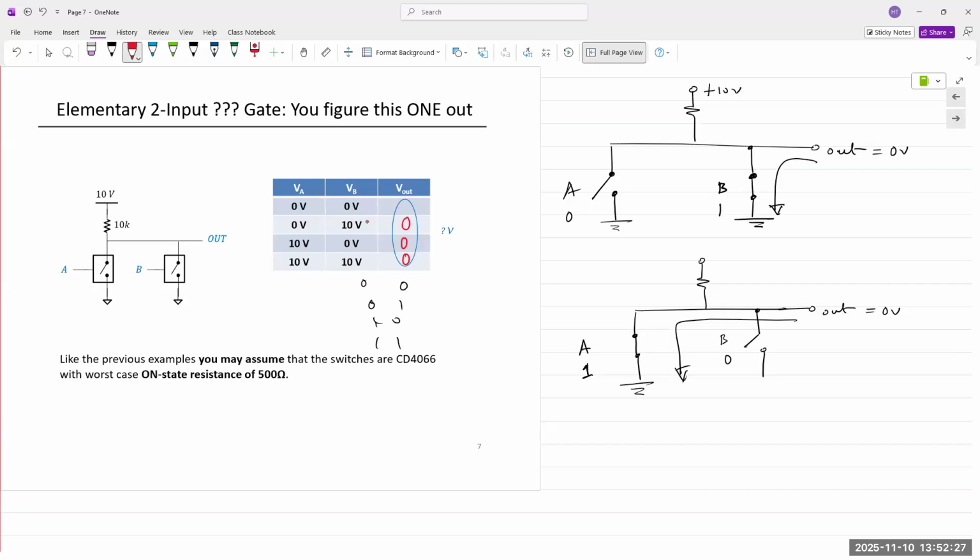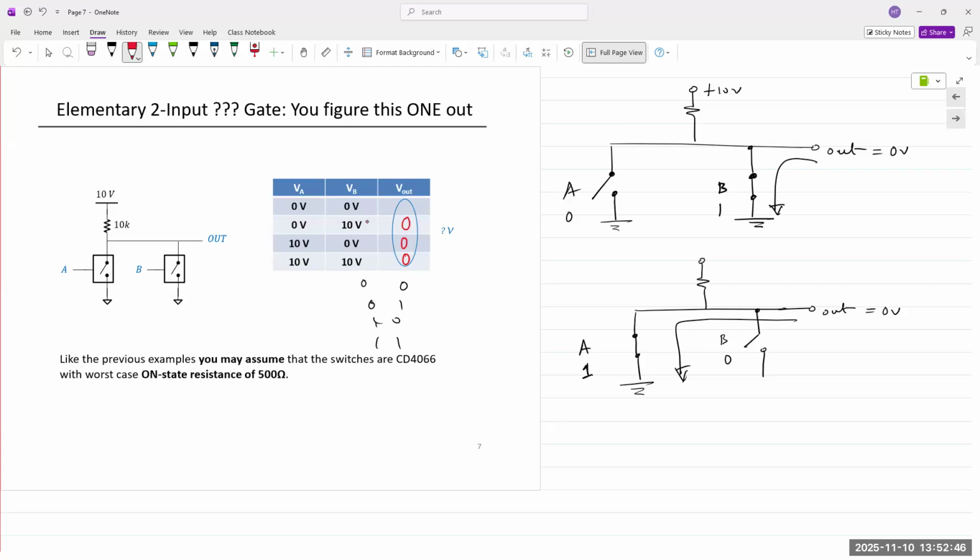Anyone? Yep. Both switches are open. That means there's no pathway to ground. So output is equal to 10 volts. It's connected to the 10 volt line by the pull-up resistor.